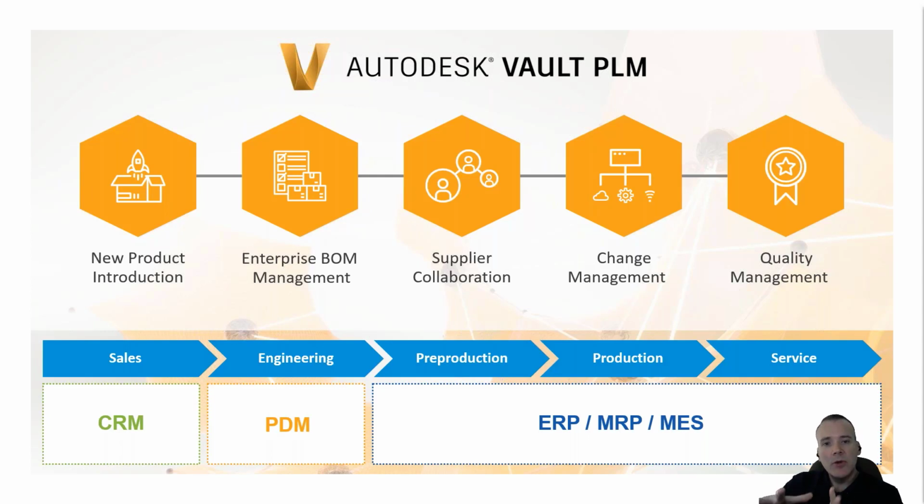So if there's something you needed to do, which is kind of similar to what you see here, but a little bit different, that doesn't mean it won't fit. It is incredibly configurable. It can do any number of things. But these are the things that are most commonly needed in manufacturing environments. New product introduction, enterprise bill of materials management, above and beyond what you might do with Vault Pro, for example.